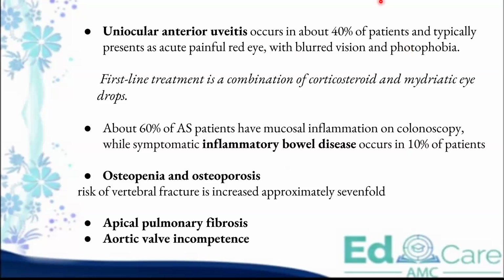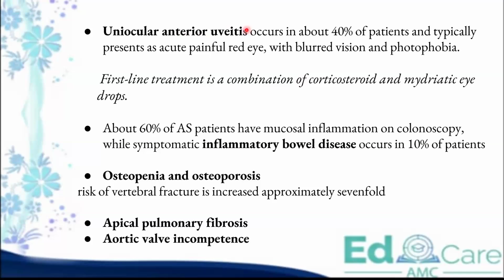Remember, one reason for painful red eye is anterior uveitis. Sometimes they give you a picture of an eye only, and you should be able to look at that eye and identify the features of anterior uveitis. We'll do it when we're doing ophthalmology.